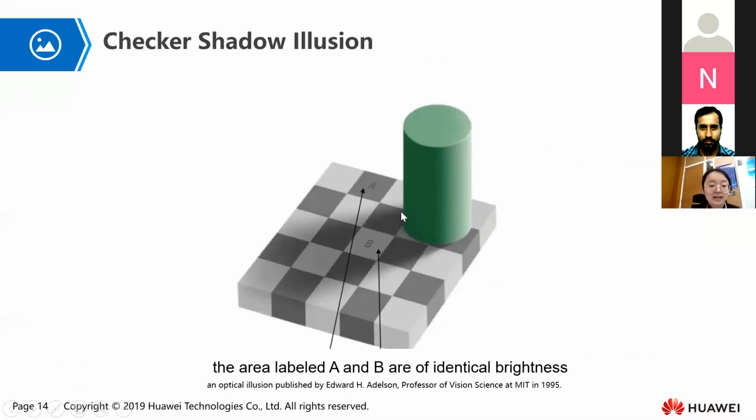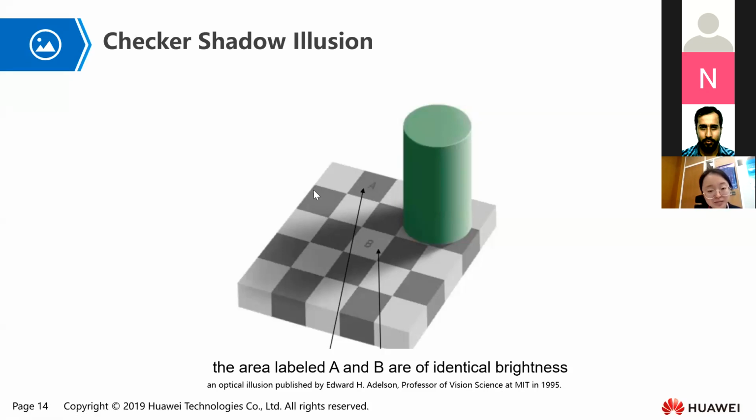For example, here is a checkerboard, with arrow A and arrow B. Actually, A and B have identical brightness.